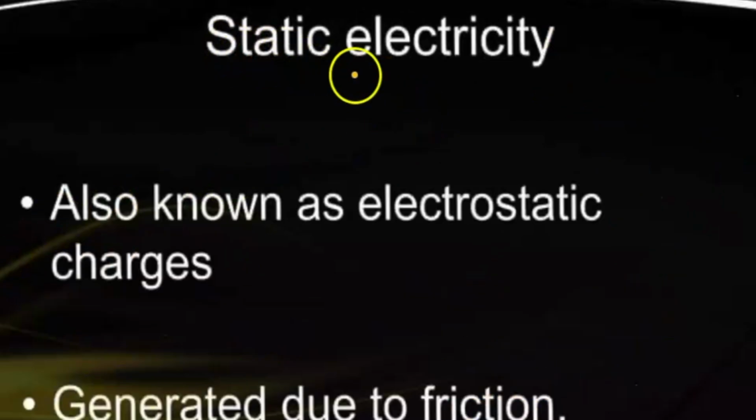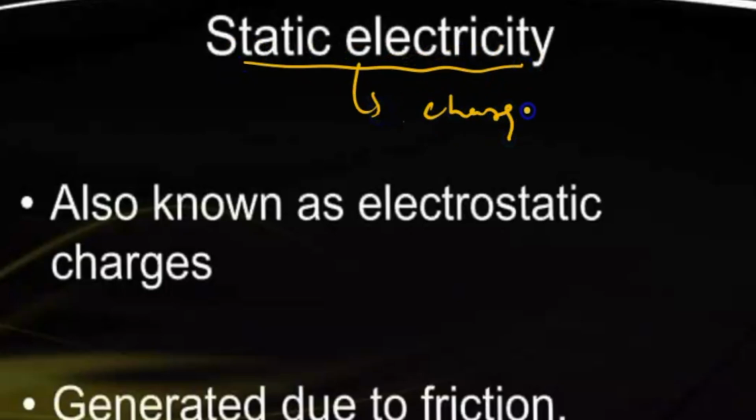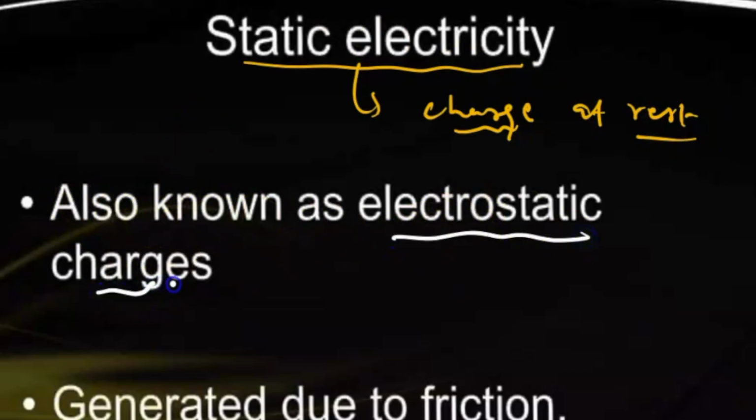Now we are going to study here static electricity, basically charge at rest. It is also well known as electrostatic charge. Electro means charge and static means rest, the charge which is at rest.